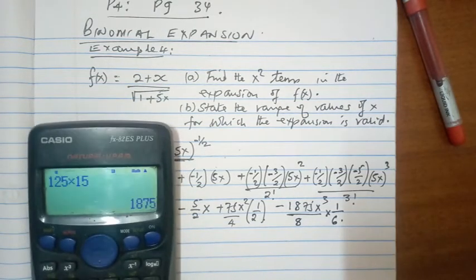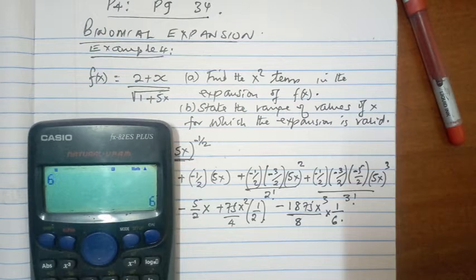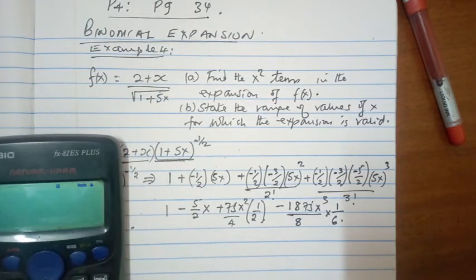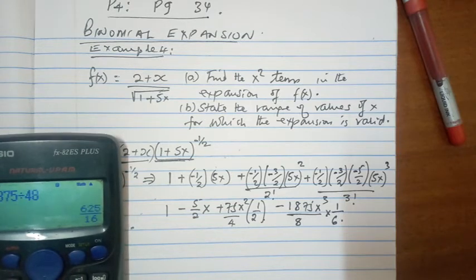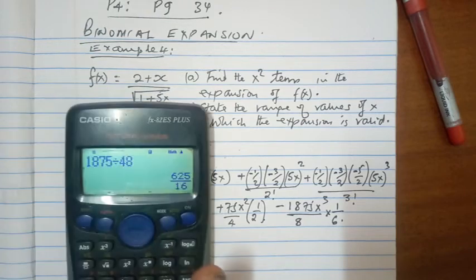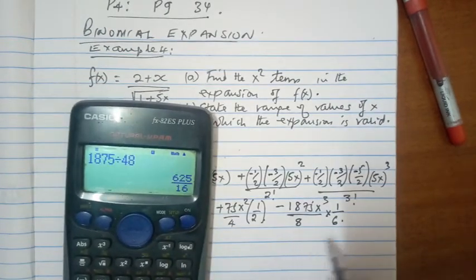Simplifying this, 1875 divided by 48, we get 625 over 16.